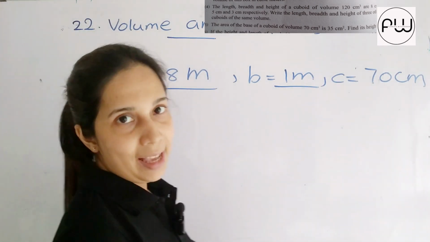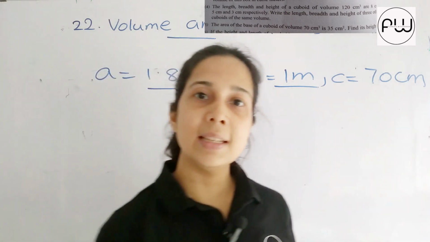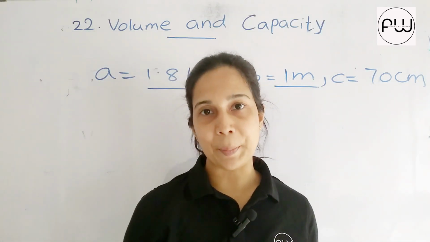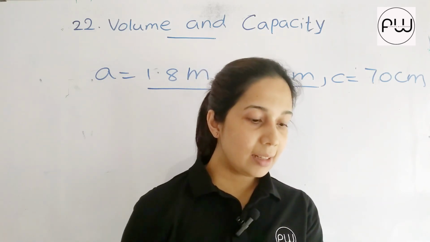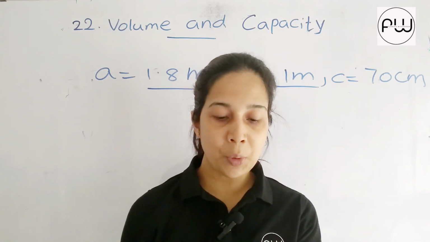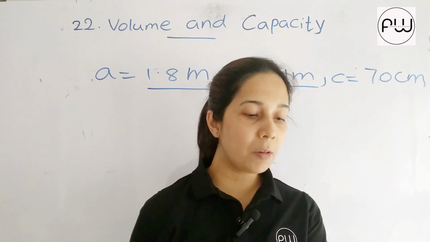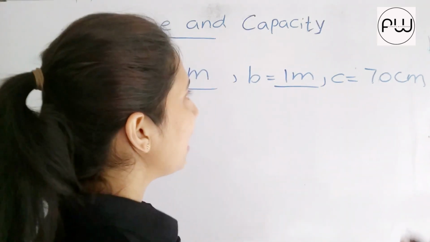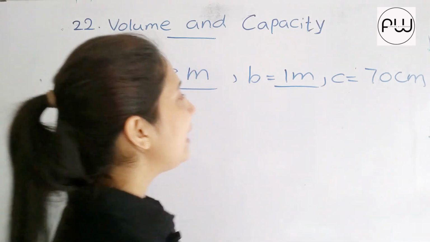In these kinds of cases, you can convert all these dimensions into one unit, either centimeter or meter. But in this question, it is especially mentioned to find the volume of this box in cubic meters. Then easily we can convert this height into meters.